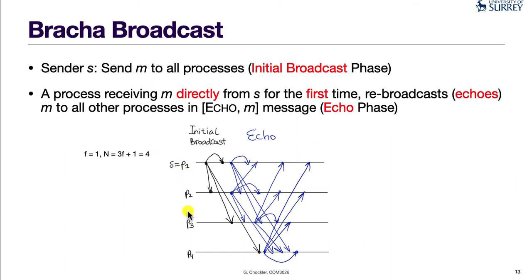Here we have 4 processes, P1 to P4, and the first one is the sender S. In the initial broadcast phase, the sender will send the given payload M to all the processes, and every process receiving this message directly from the sender, like for example process P2, and which has not received any other message from the sender S before that, will rebroadcast or echo M to all other processes in the system. All the other processes, including the sender itself, will do likewise. These are the first two phases of the Bracha broadcast algorithm.